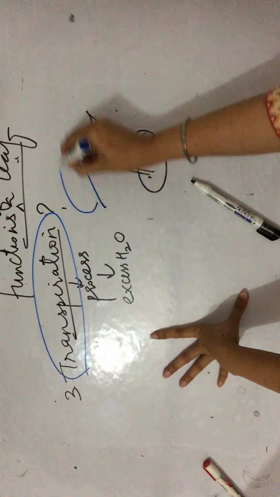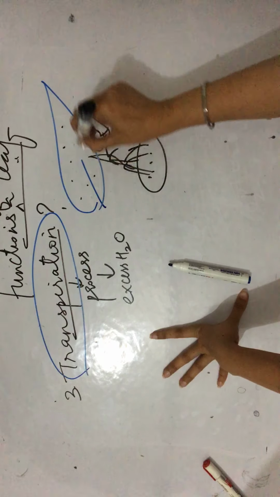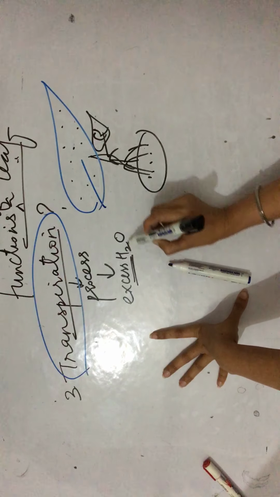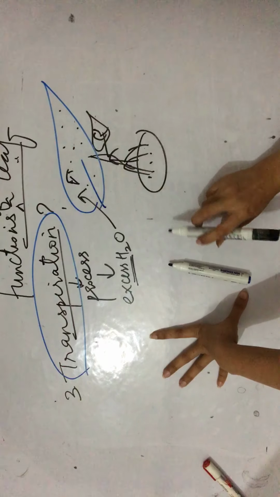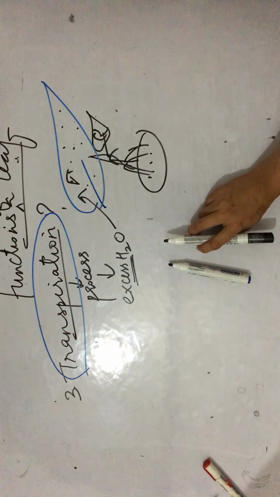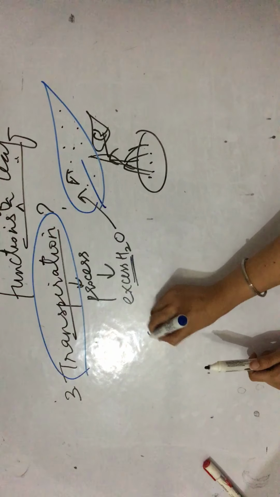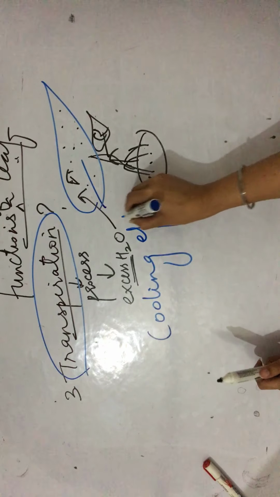So we just said that the leaf has some small pores on it. These pores, which are known as stomata, this excess water leaves the plant through these stomata. Okay, and when this water leaves the plant, it gives a cooling effect to the plant. It cools the plant.